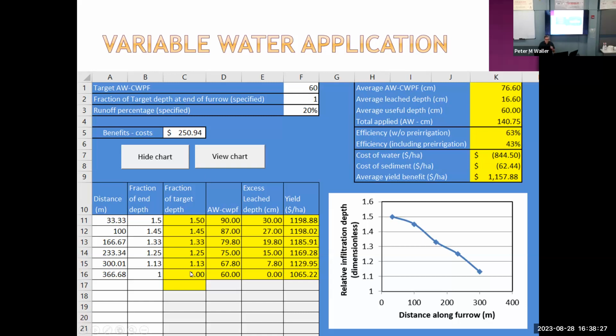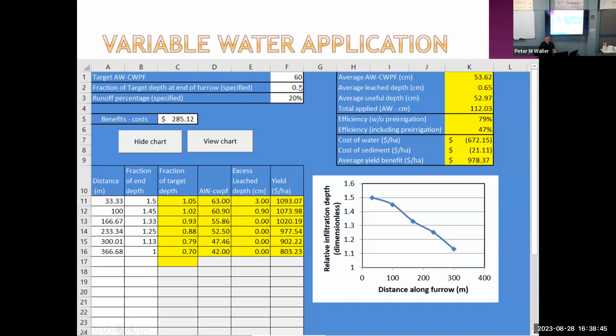But we could decide to under irrigate the end rather than apply the target depth at the end. And then we wouldn't waste as much water at the beginning. So the farmer will make a decision to under irrigate the end, so that this might be reduced to like 0.8. In this spreadsheet, I've reduced it to 0.7.